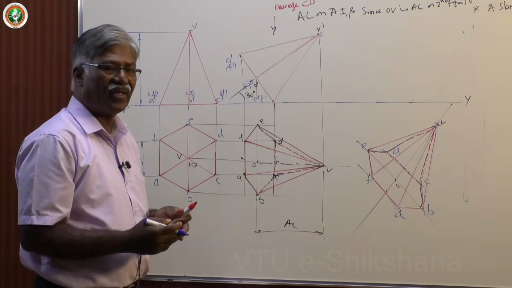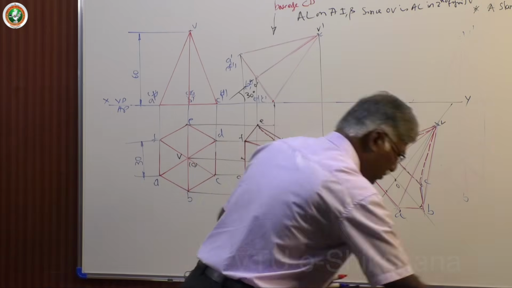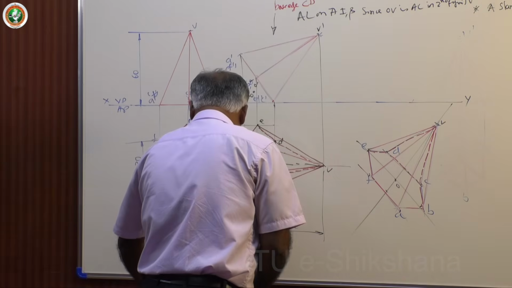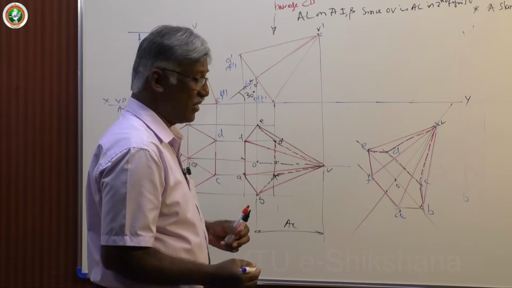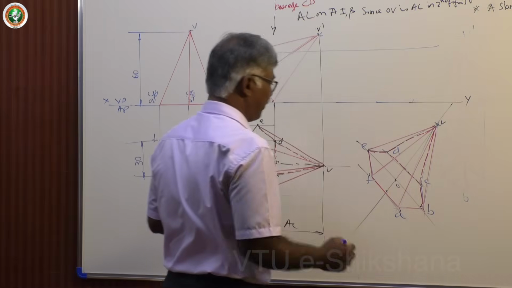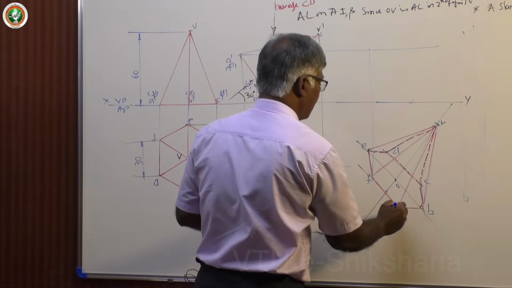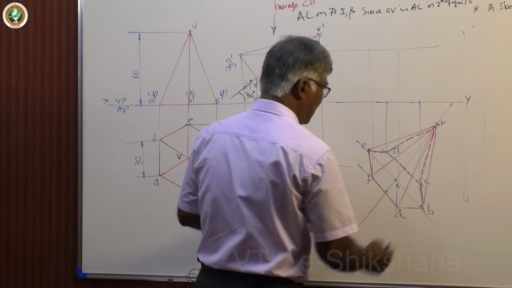Now how to get the final front view? First draw all the points. Unnecessary projections you can avoid by just keeping on their specific locus. Now I have AF as the topmost point, and on XY itself you get CD.